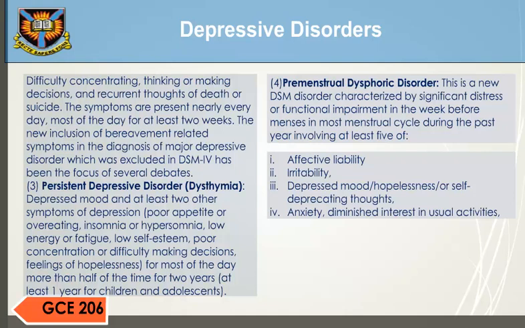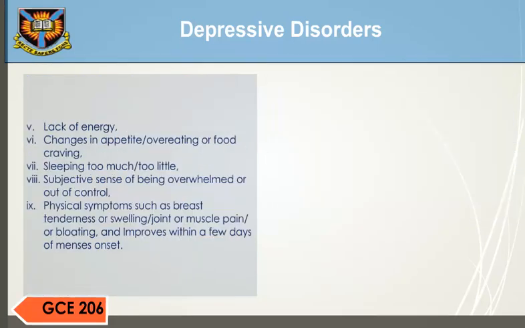Anxiety, diminished interest in usual activities, 5. Lack of energy, 6. Changes in appetite, overeating or food craving, 7. Sleeping too much or too little, 8. Subjective sense of being overwhelmed or out of control, 9. Physical symptoms such as breast tenderness or swelling, joint or muscle pain or bloating, and improves within few days of menses onset.